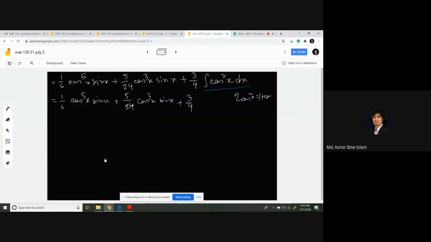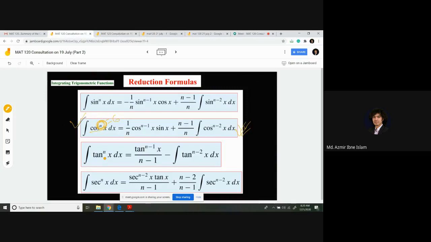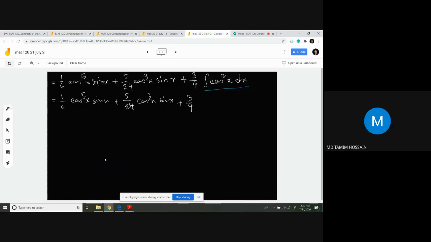Is that okay? Yes, sir. So this time you can see n is 2. Is that okay? Yes, sir, n is 2. So again the same formula will be applied. Let me erase this one.